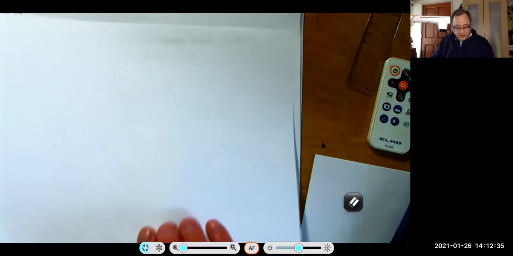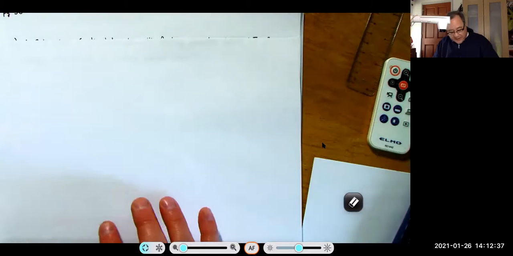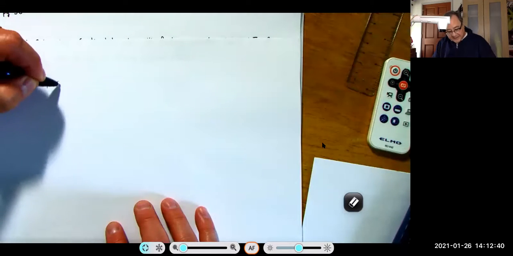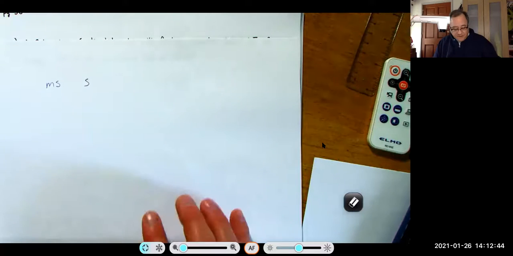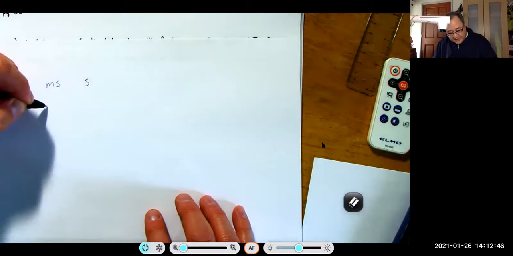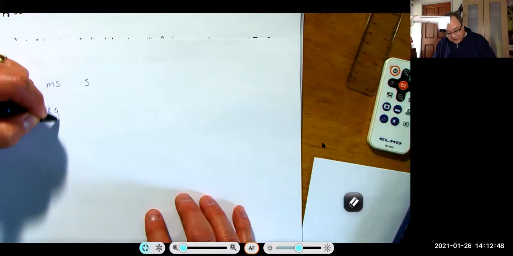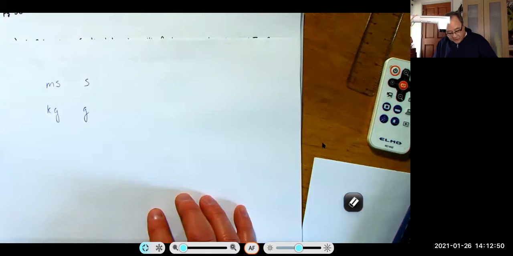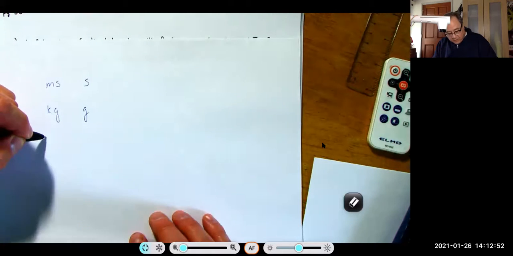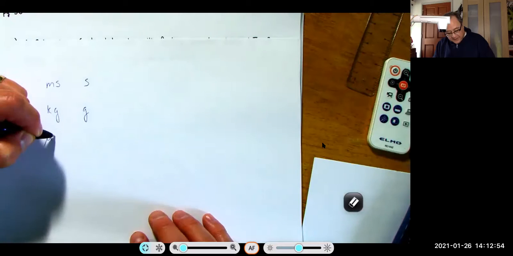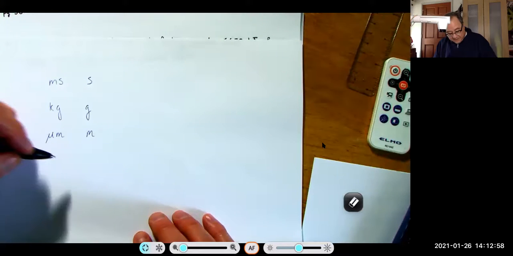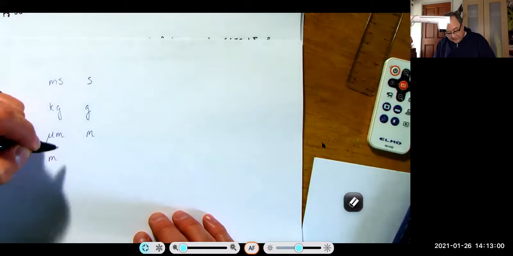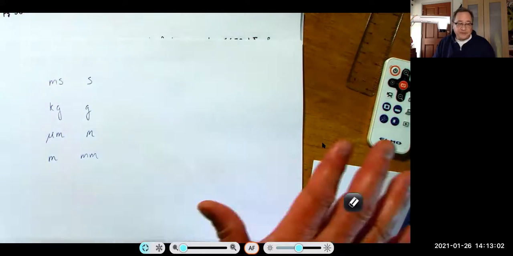So if I asked you, what is the relationship between a millisecond and a second, you should be able to get that. If I asked you the difference between a kilogram and a gram, you should be able to get that. If I asked you for a micrometer and a meter, you should be able to do that. If I asked you for a meter and a millimeter, you should be able to do all of those.